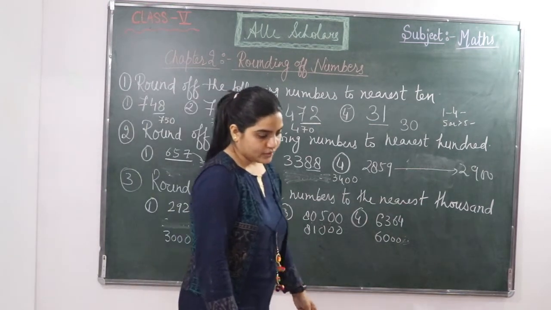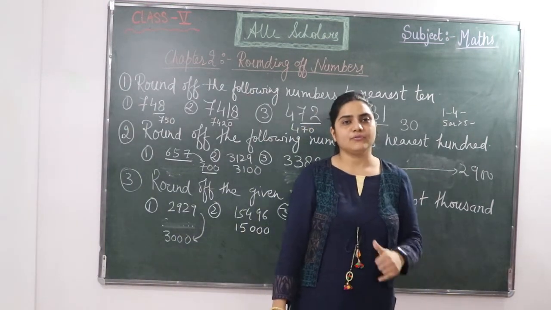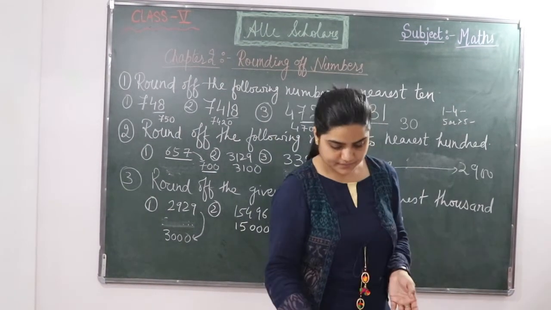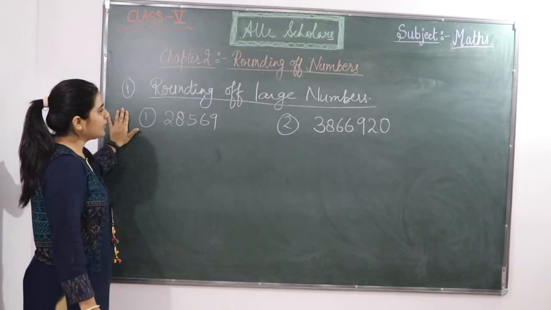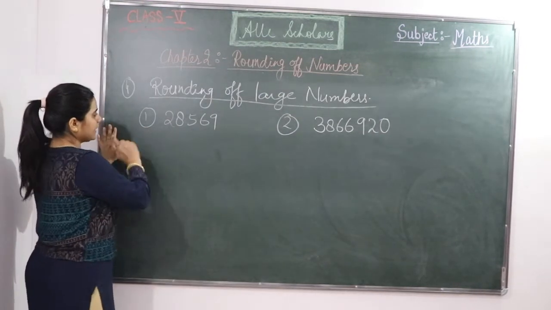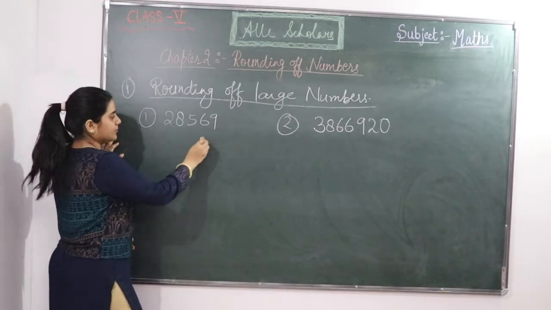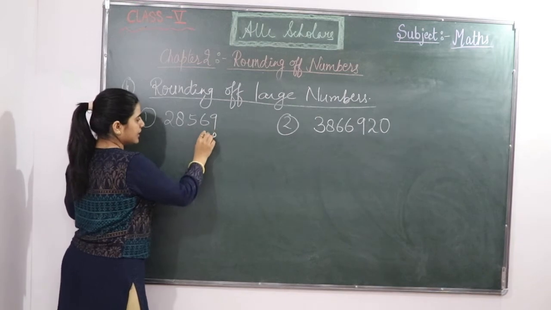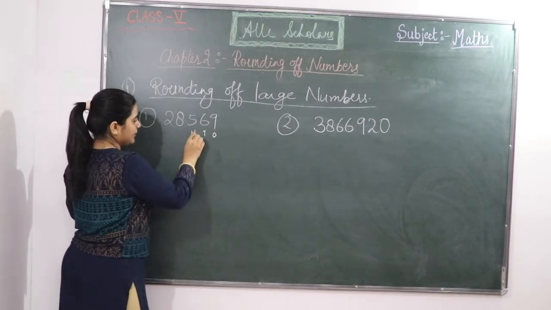Next we will see the rounding of large numbers, how we can round off large numbers. Here I have taken an example. Let's see this number. This 9 is at the place of ones, tens, 100.